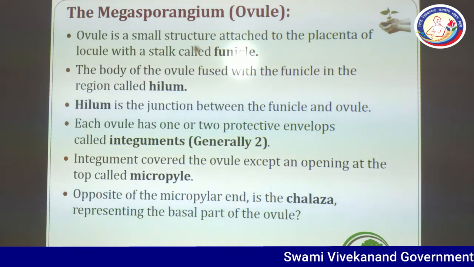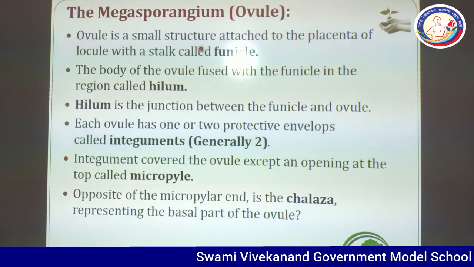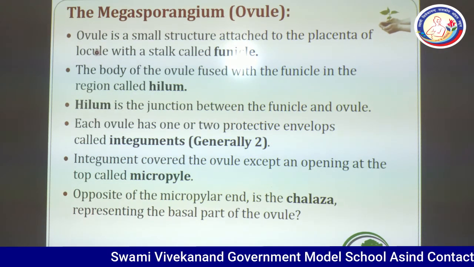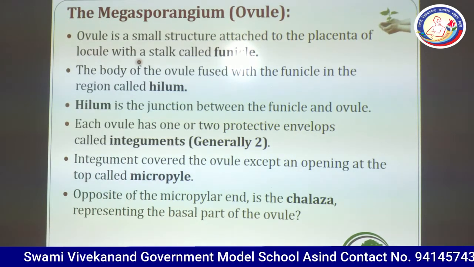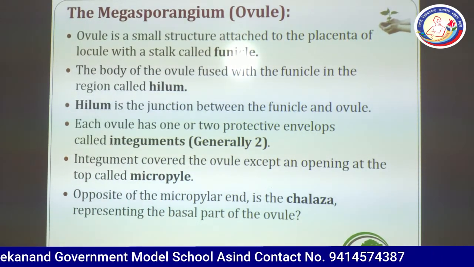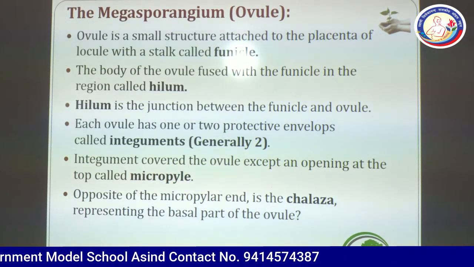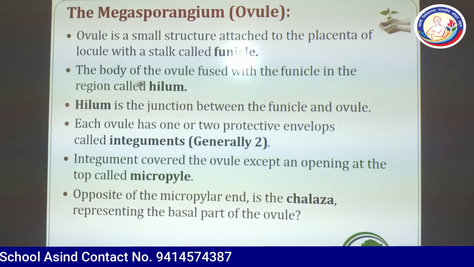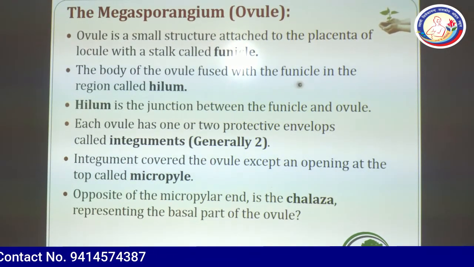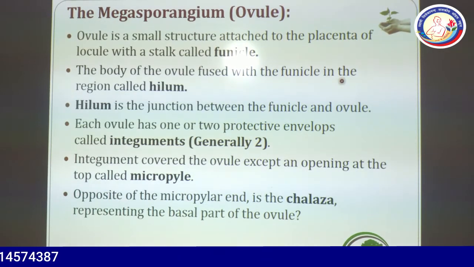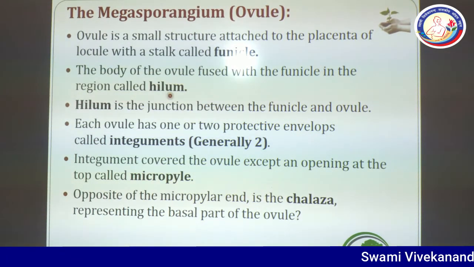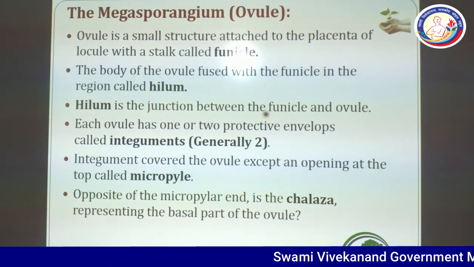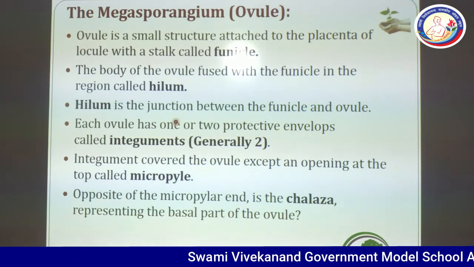The ovule is a small structure attached to the placenta of the locule with a stalk known as funicle. The body of the ovule is fused with the funicle in the region called hilum. So you can see hilum is the junction between the funicle and ovule.